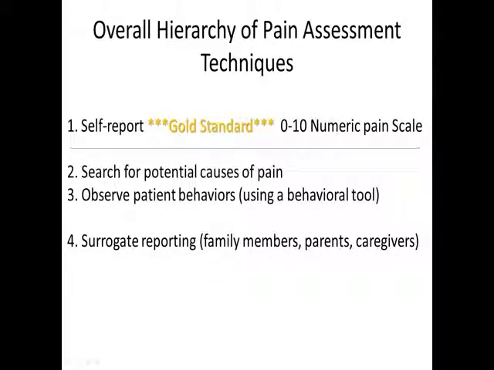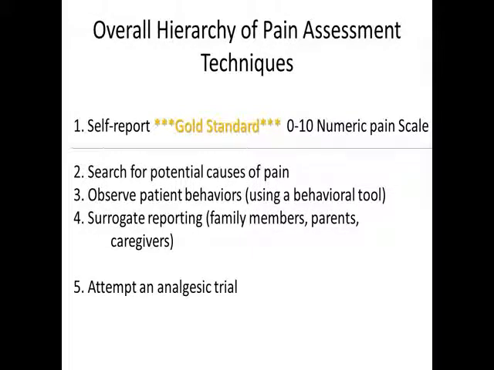However, we all need to keep in mind that family and caregiver feedback is often emotional, which may or may not be entirely factual information. So family members do tend to overestimate pain intensity when compared with patients' self-reports. But again, it's just one piece of the puzzle that you're gathering information.